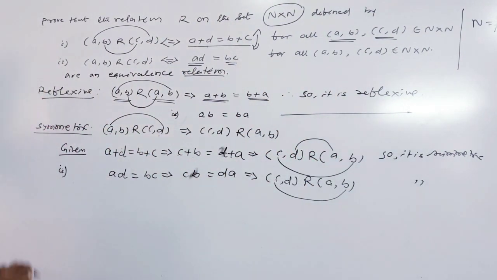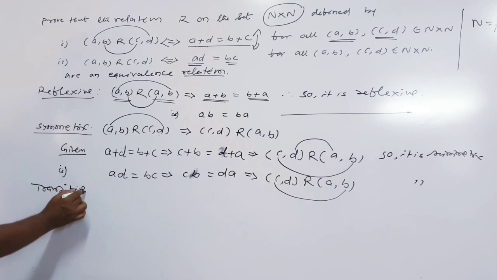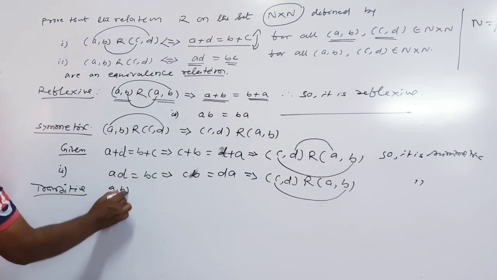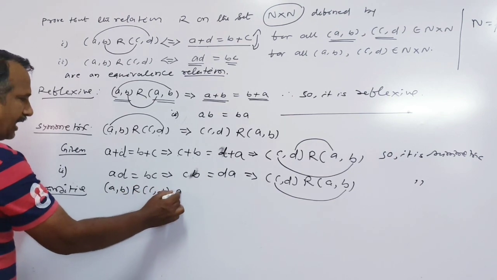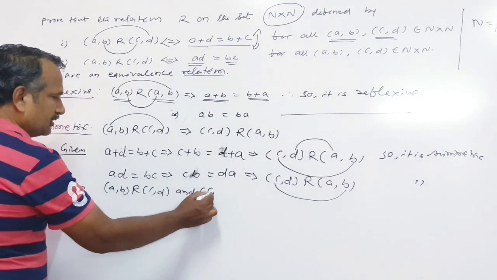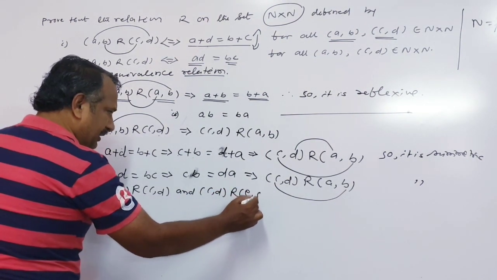Okay. Now third case. The next one is transitive. What is transitive? (a,b) is related to (c,d) and (c,d) is related to, let us say, another ordered pair (e,f).